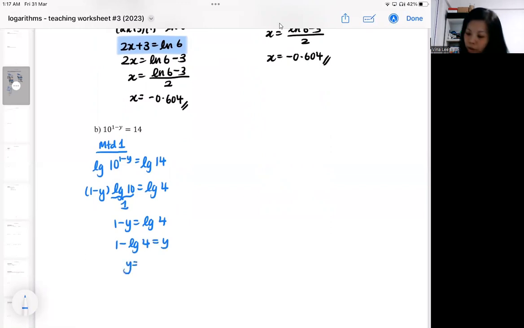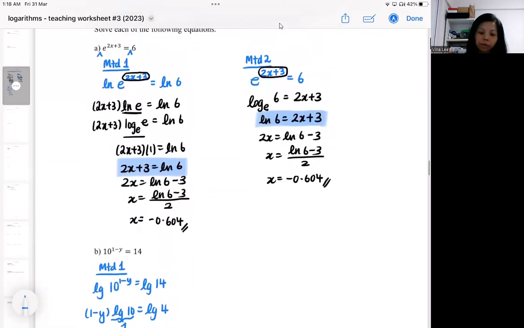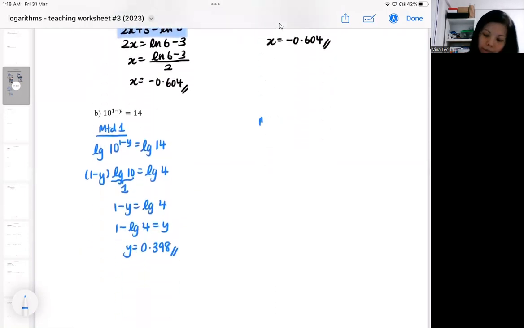Then you can punch the calculator, so you get 0.398. So method 1, you take lg on both sides, very similar to the previous one where you take ln on both sides. But method 2, I can change to the logarithm format.